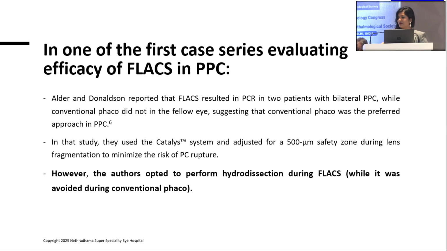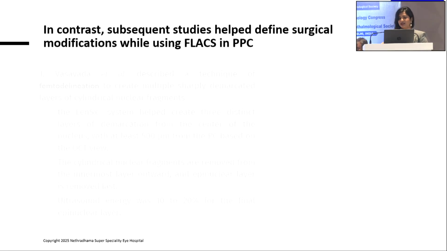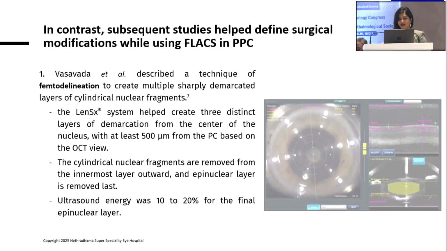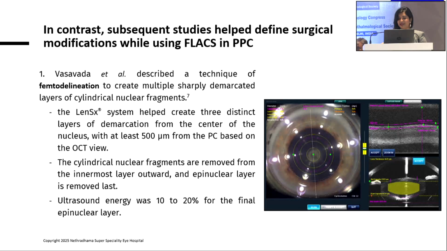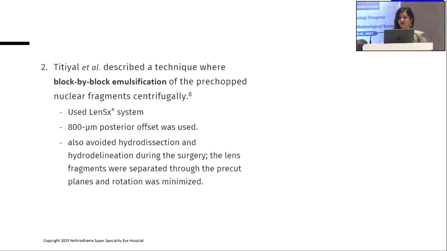It's very important that you avoid hydrodissection in FLACS, and then further studies showed, Dr. Vasavada et al. showed the technique of femtodelineation to create multiple demarcated layers or cylindrical layers to remove the endonucleus before reaching the posterior polar cataract. And in all the further studies, hydrodelineation was done even when FLACS was used.